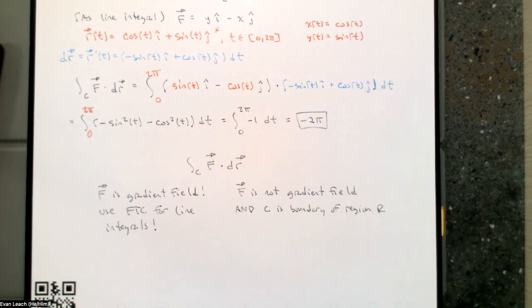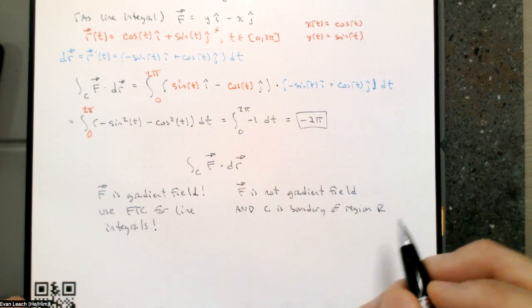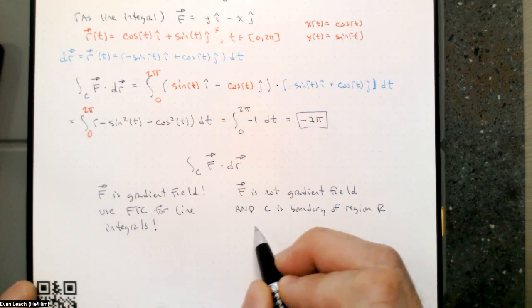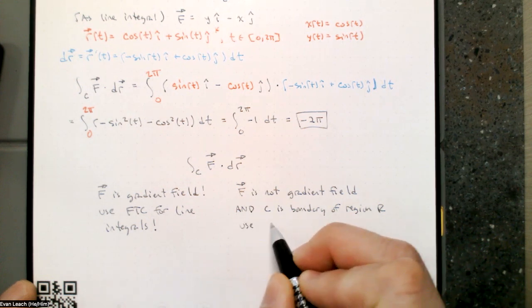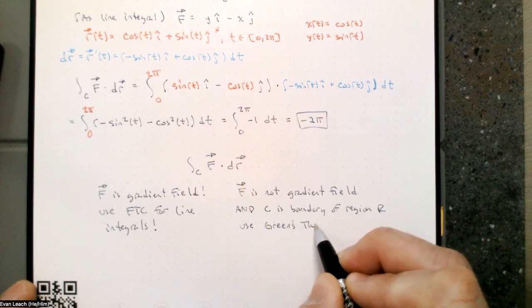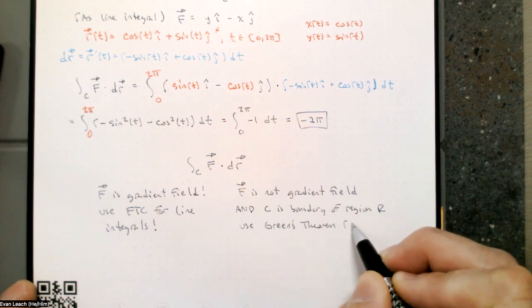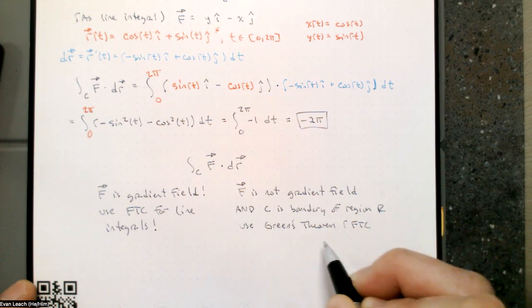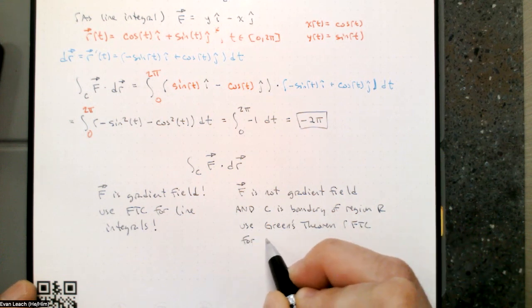So if f is not a gradient field and C is the boundary of some region R and f is smooth on that boundary, then we'll use Green's theorem, which is the fundamental theorem of calculus for double integrals.